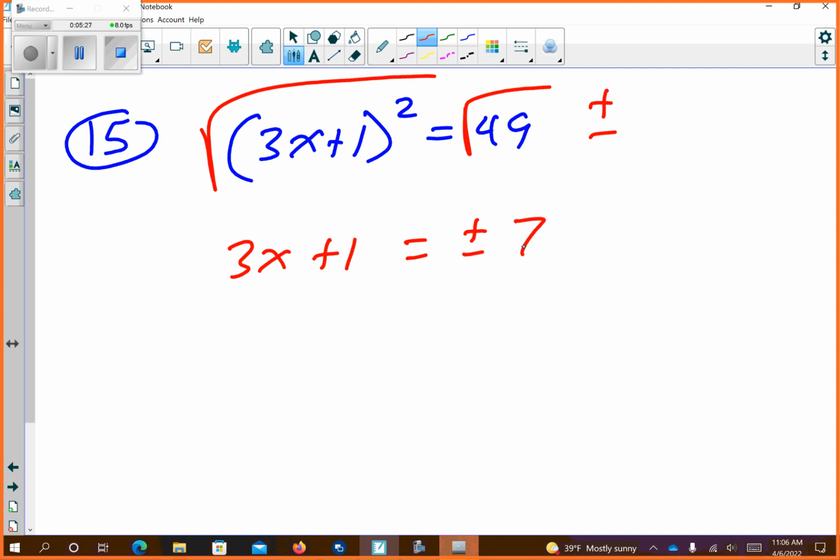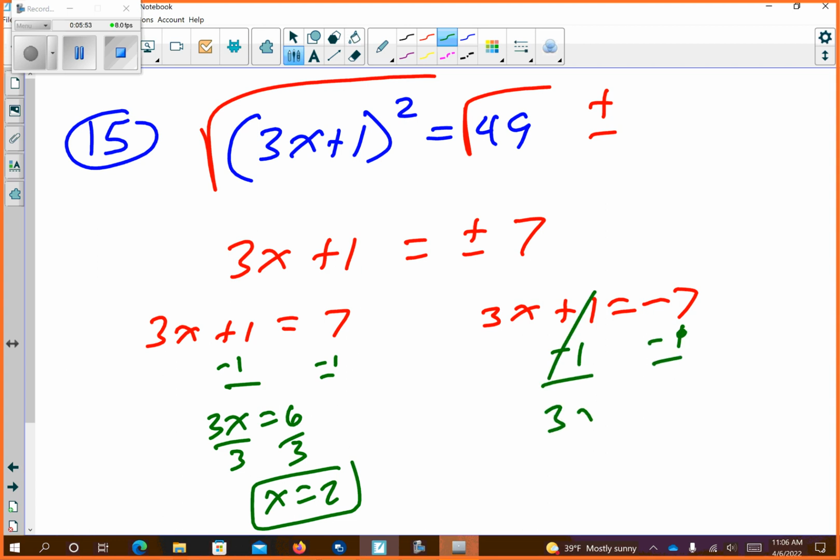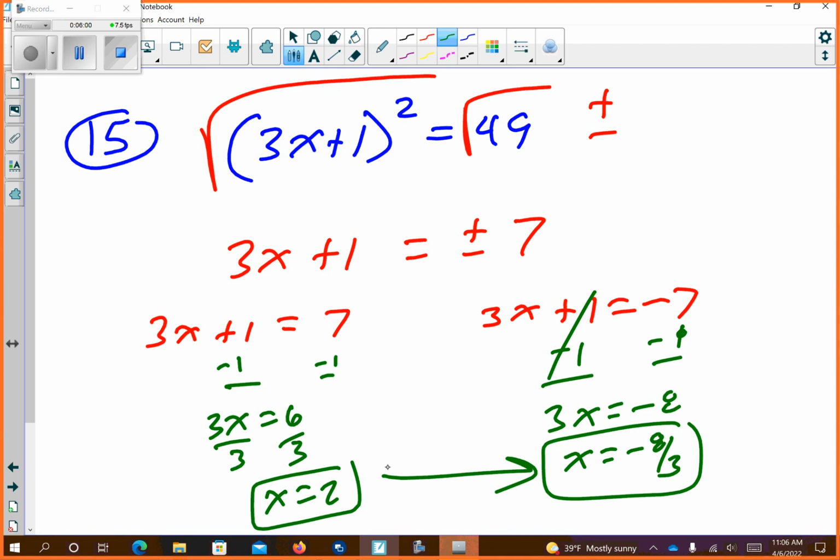Now, this is where you might want to break the problem into two, because you start looking at a lot of work in your head if you don't. So that's where the plus minus 7 happened. Now I need to solve for x. Divide by 3, divide by 3. x equals 2. This one, subtract 1 and subtract 1. Those cancel. 3x is equal to negative 8. So x equals negative 8 thirds. So there's our two answers. Those are both the answers for this problem, okay?